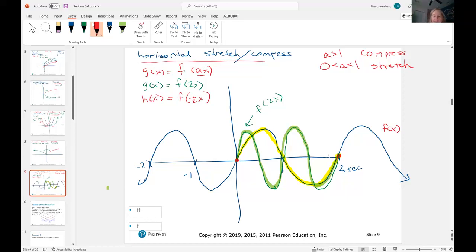Now, within this same, from here to here, I'll only have a half. So here, I think I can do it without too much confusion. It'll just be this part, because now I've stretched it, and then the next 2 seconds, it'll go down and it'll finish out that first cycle.